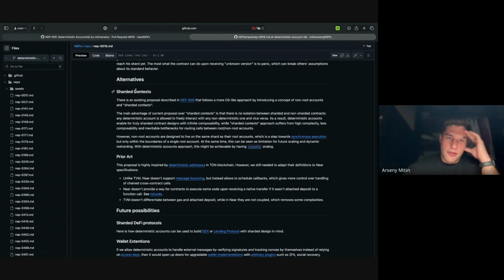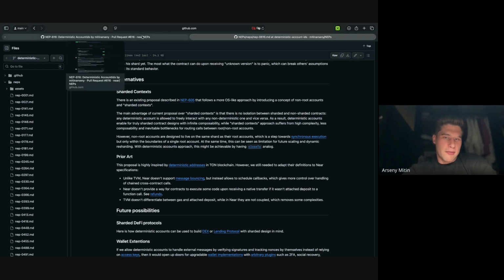If you try to implement a sharded fungible token standard using the approach described in the sharded context NAP, then you find yourself in a situation where you need to design such a sharded fungible token wallet contract in a way that it allows the user to hold not only his balance, but also all of the balances of all other contracts and protocols that imply that this user is the only one who can, I don't know, send funds from his wallet. More on that can be read in the comments to this NAP, or somewhere in the discussion.